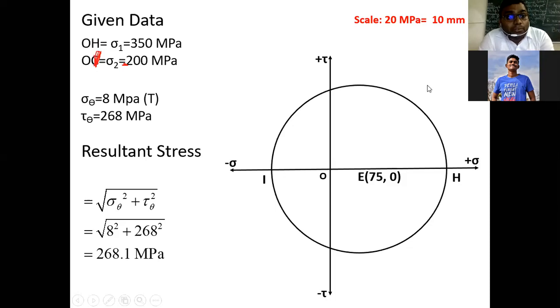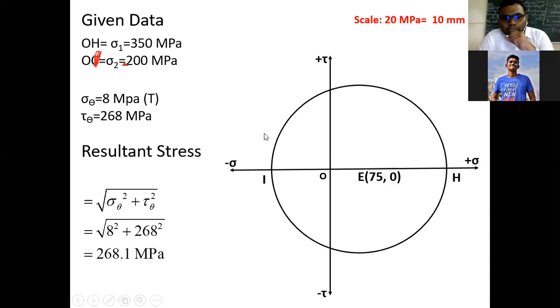Now how do we locate the center? Simply, if you measure this length and divide by 2, you will find the center of this circle. You can do this, right? So you add both and divide by 2.